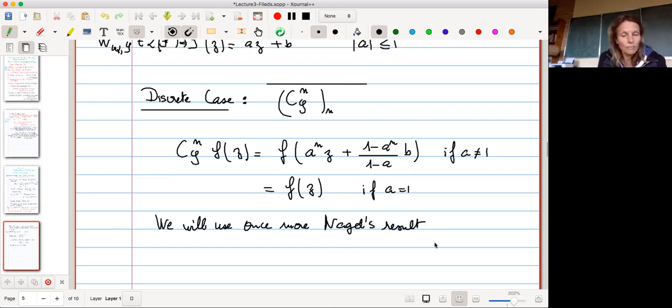So to that aim, we first need to check that C phi is power bounded.